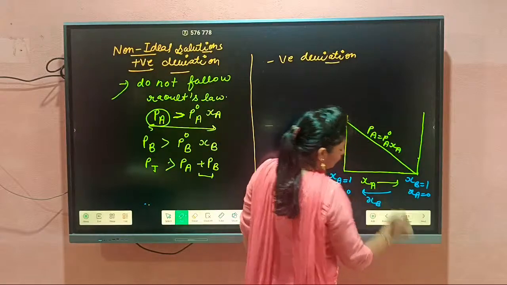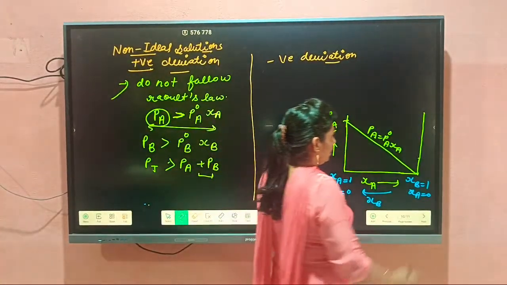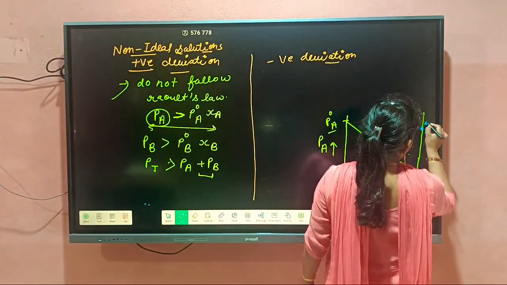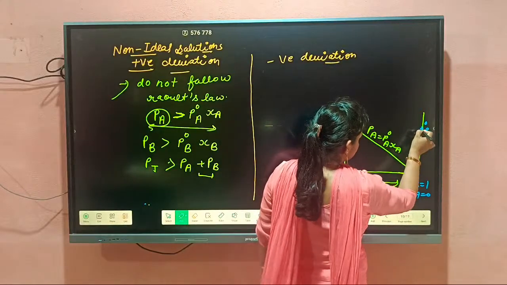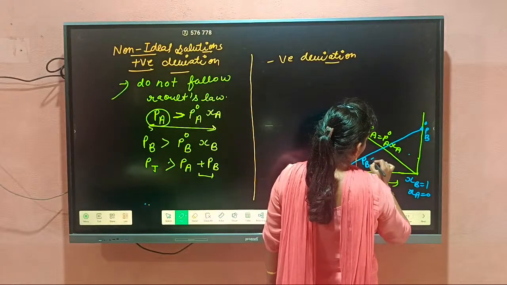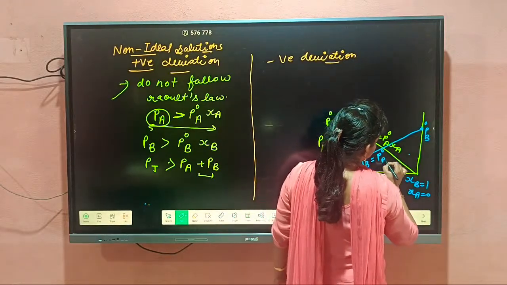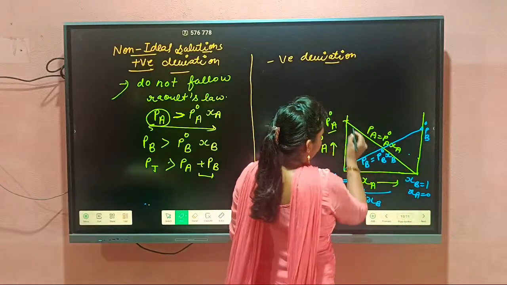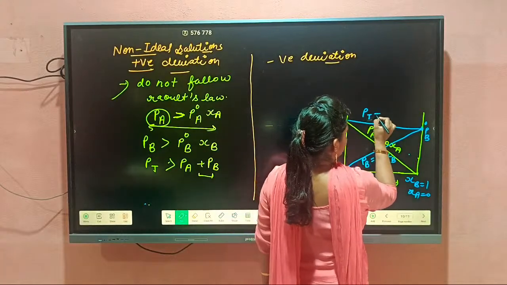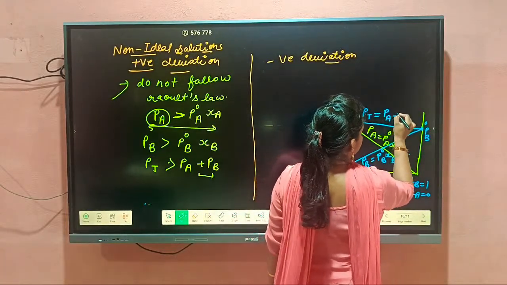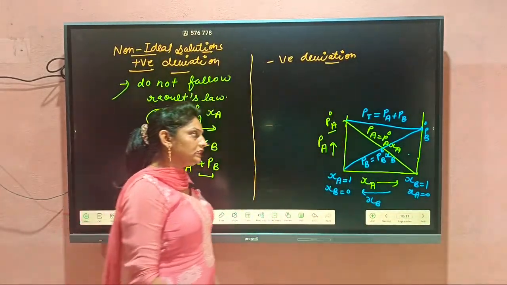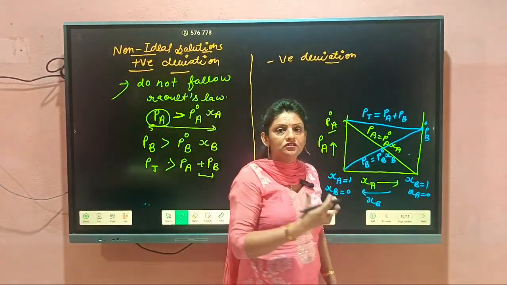So we are taking mole fraction of B. Here, this is P naught B. And students, this is the graph for partial pressure of solvent or component B. And this was the graph for total pressure. So this was the graph for Raoult's law, and this is also followed by the ideal solution.